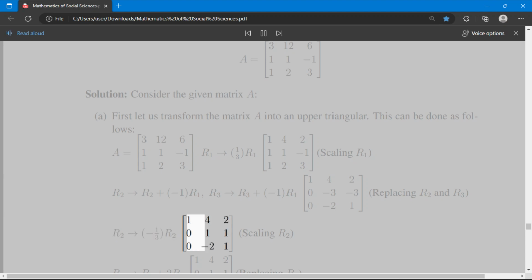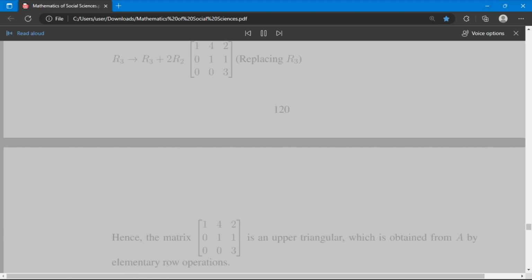R2 rightward arrow -1/3 R2 gives 1 4 2 0 1 1 0 -2 1. Scaling R2. R3 rightward arrow R3 plus 2 R2 gives 1 4 2 0 1 1 0 0 3.